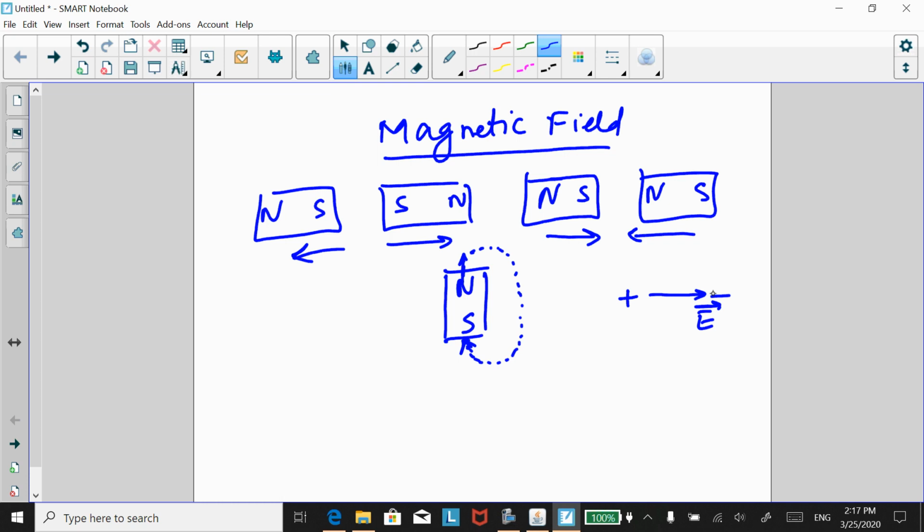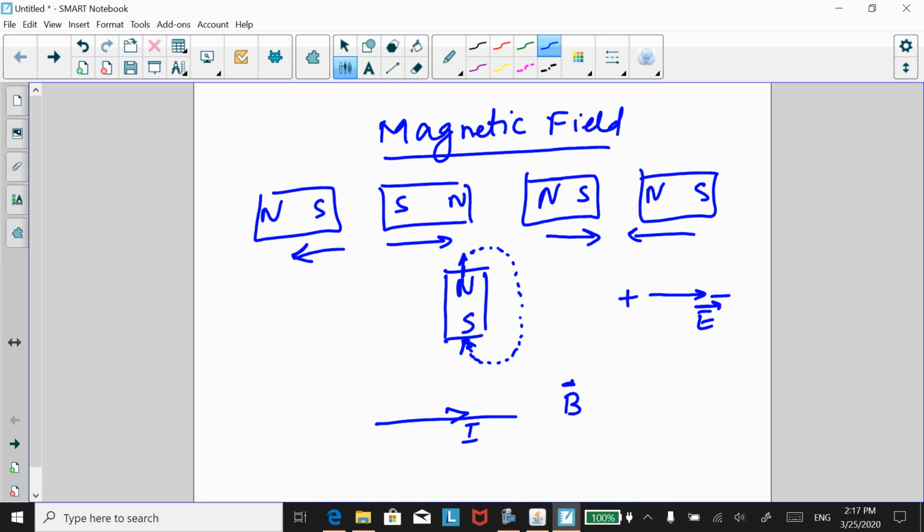We also have a magnetic field if we have a wire, in which we have a current passing through. This wire will create a magnetic field around it, and we can find the magnetic field by this equation.